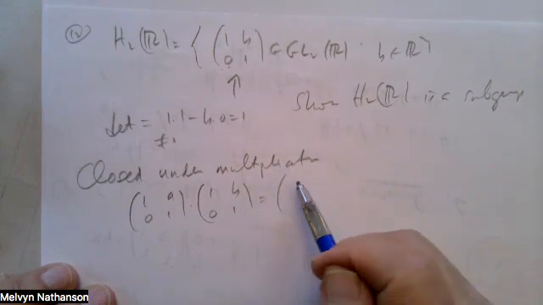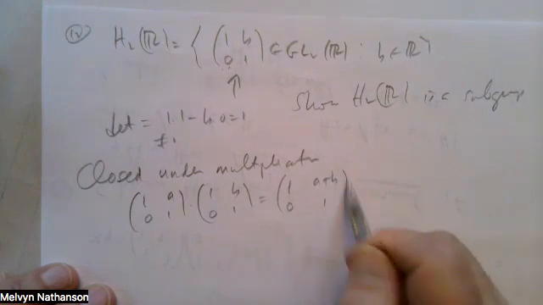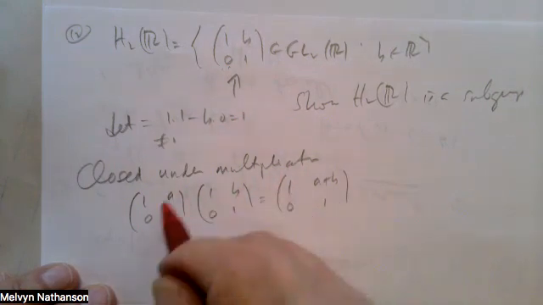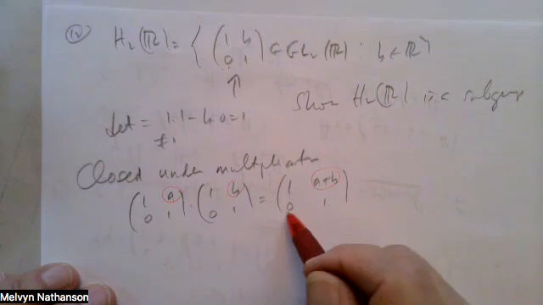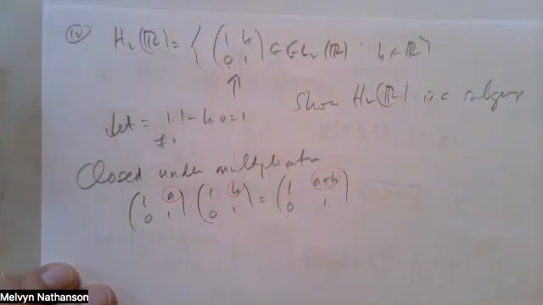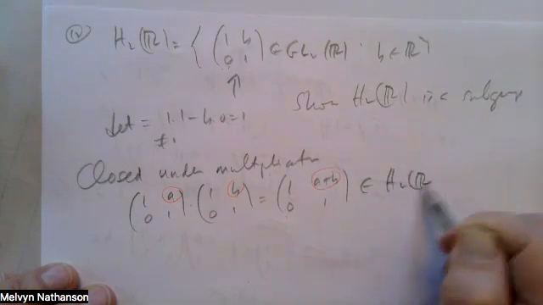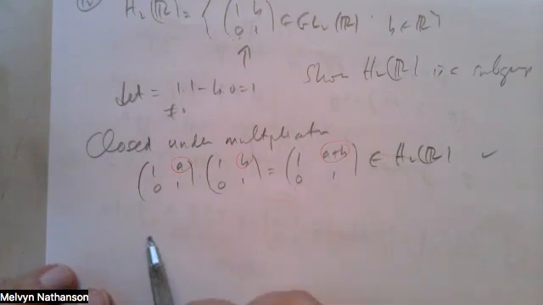What do I get? I get [1, A plus B; 0, 1]. So again, I have a matrix with ones down the diagonal, 0 in the lower left corner, and some number in the upper right corner. So this is, again, an element of H2(R).